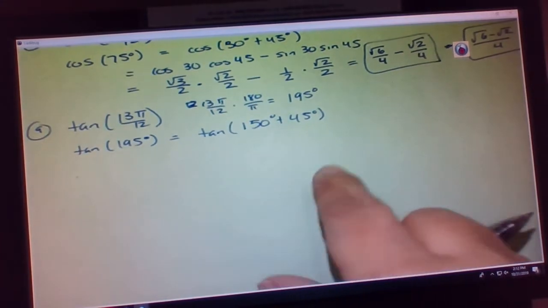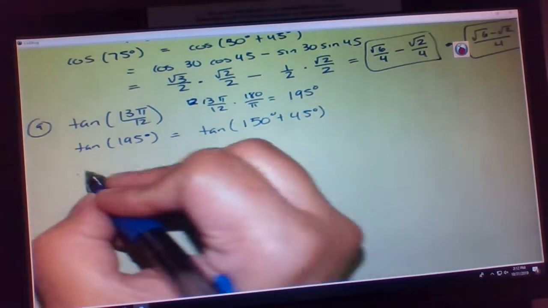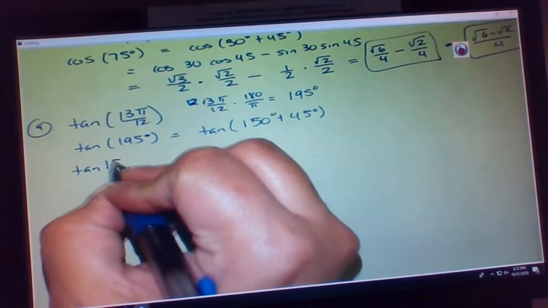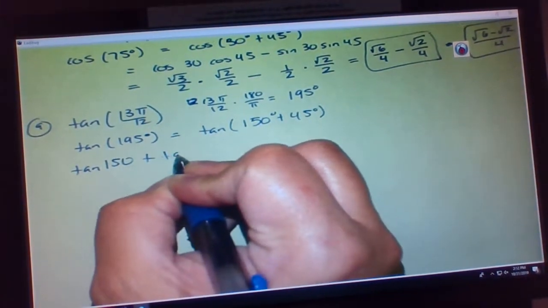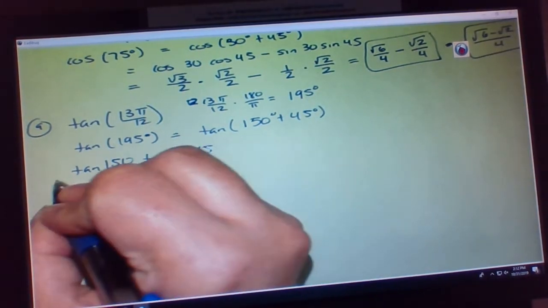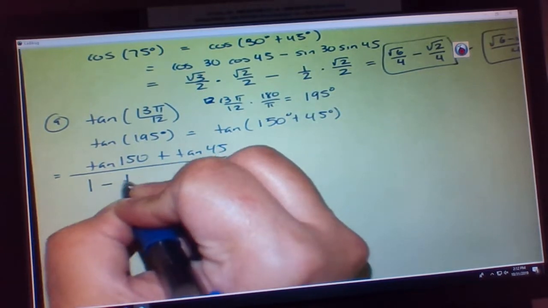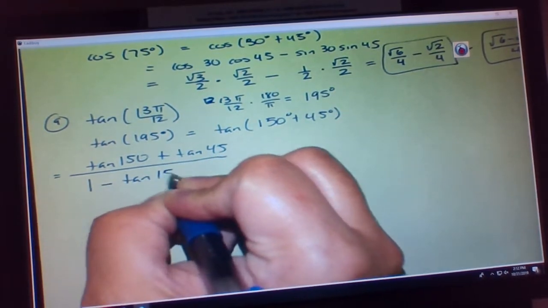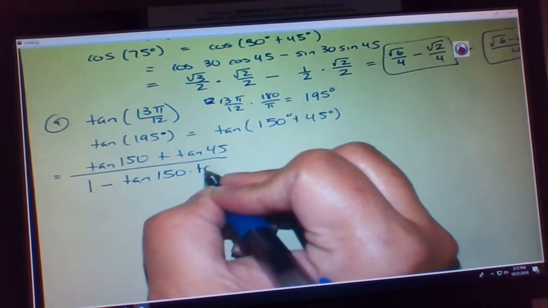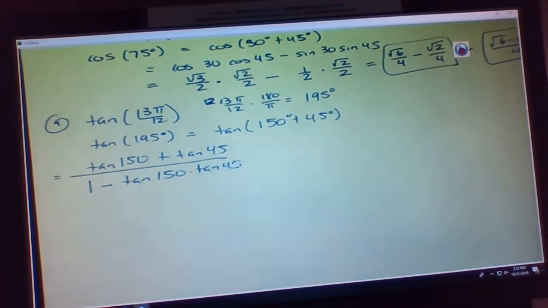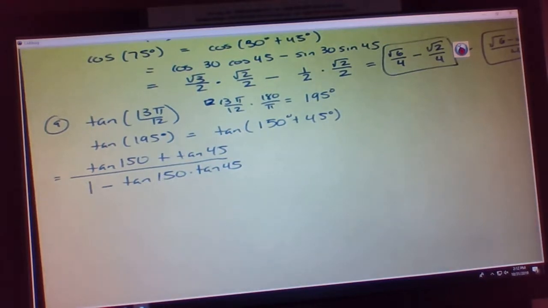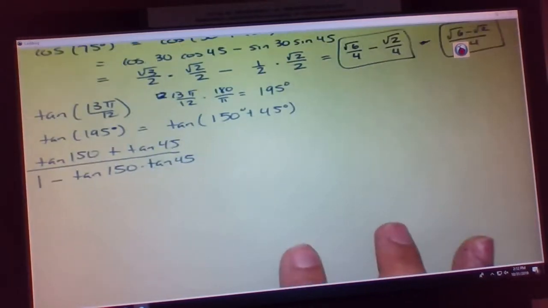Alrighty. So tangent is different. Tangent of 150 plus tangent of 45 over 1 minus tangent of 150 times tangent of 45. When you use tangent, you're probably going to end up with fractions because you're using two values, y over x. So I'm going to go here on the side and first figure out what each of these is.